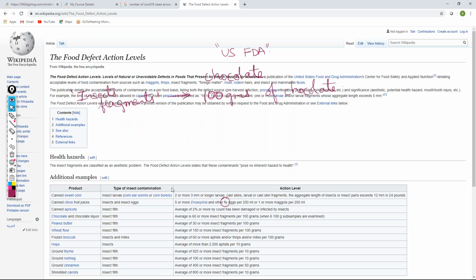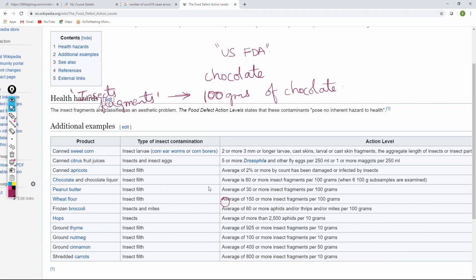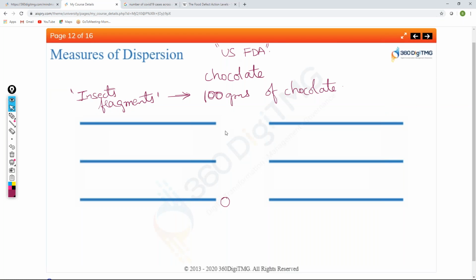Do you see this? In chocolate and chocolate liquor, on an average, if you have more than 60 insect fragments, it is rejected. Until 60, it's not rejected. It's safe to consume. Now, how many of y'all vegetarians have never had chocolate in your life?